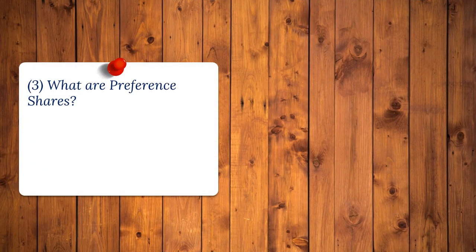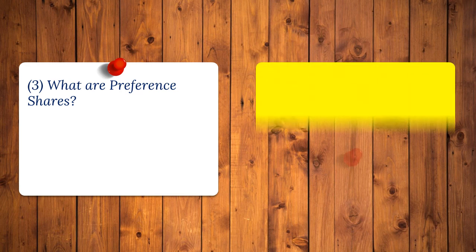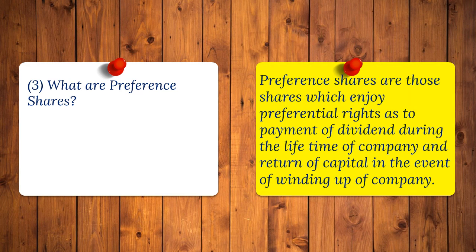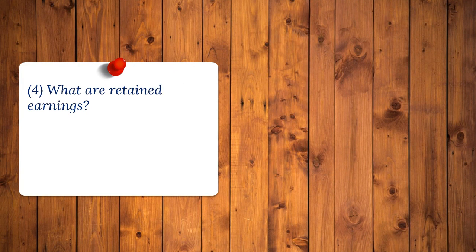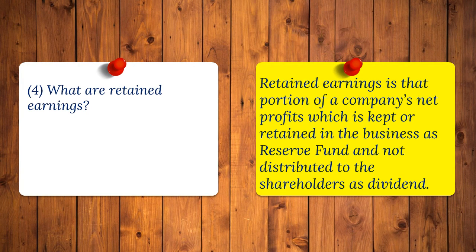3. What are preference shares? Answer. Preference shares are those shares which enjoy preferential rights as to payment of dividend during the lifetime of company and return of capital in the event of winding up of company. 4. What are retained earnings? Answer.